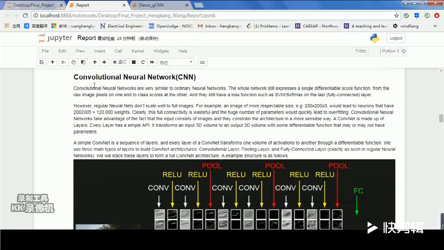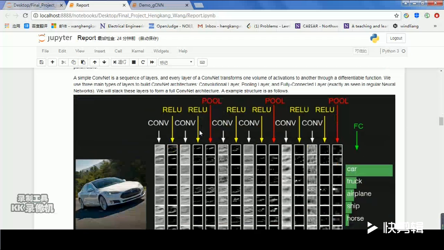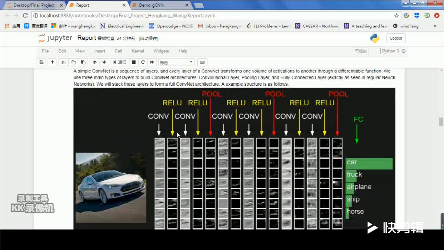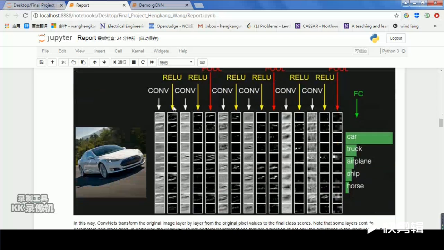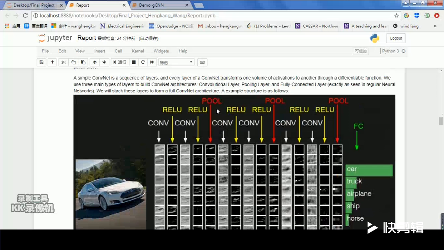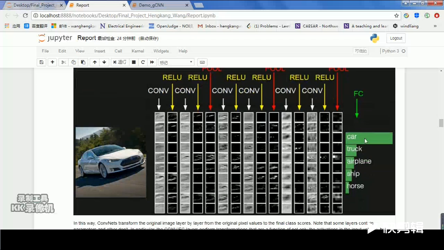And then I introduced what I have learned about convolutional neural network. First, I introduced the architecture. There are many convolution, ReLU, and pooling layers, and then comes the fully connected layer, and then we can get the results.